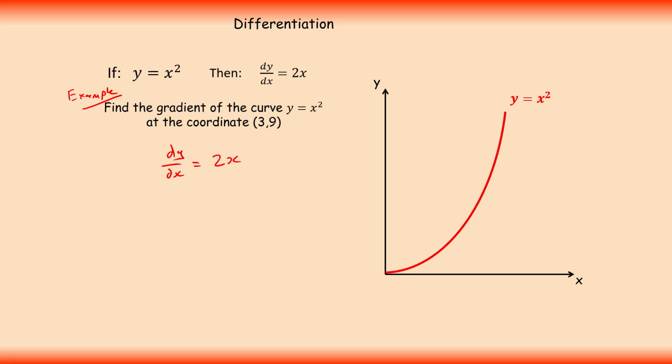At the point 3, 9, x is equal to 3, so dy over dx is equal to 2 times 3, which is 6. That's our point there. Hit pause, make some notes. When you're ready, hit play again.